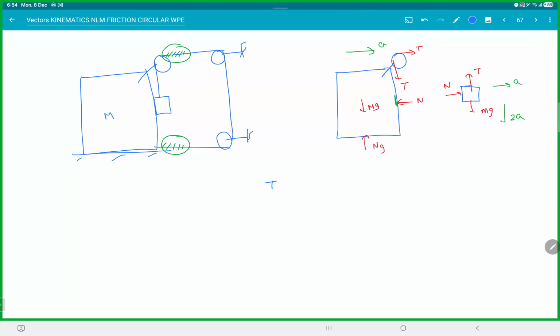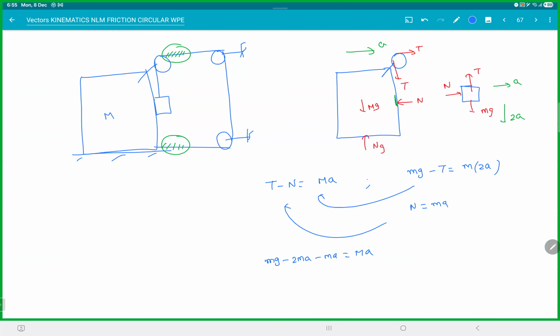So horizontally, it will be T minus N is equal to capital MA. This guy will be mg minus T is equal to m into 2A. Horizontal direction N is equal to mA. Substitute, substitute. This will be mg minus 2mA minus mA is equal to MA.